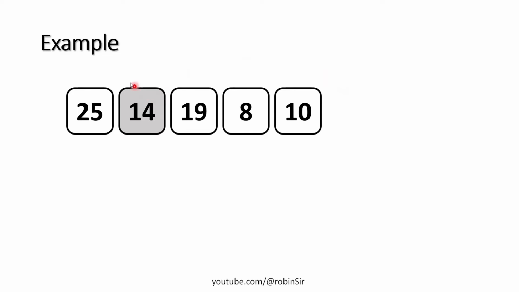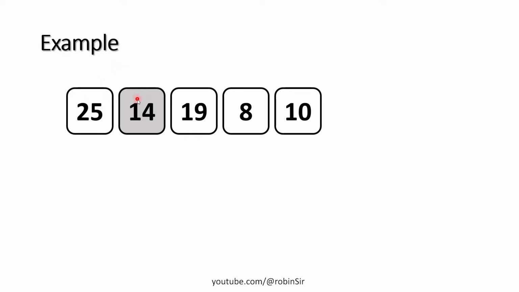When we pick 14, we want to put it in the right place on the left side. So what do we do? We compare 14 with 25, or we can say 14 is compared with the elements towards the left of 14. We see that they are not in order. 25 should be after 14, not before 14.